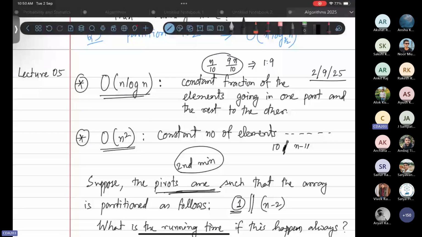Then also we are going to get a running time of n squared. So it really depends on the choices of the pivot element.